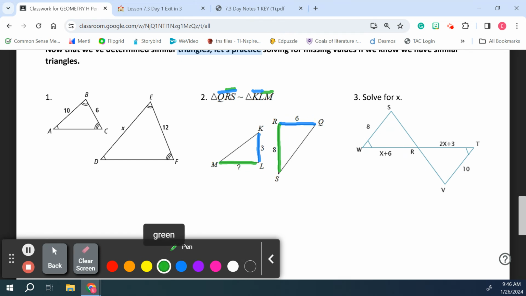So I'm going to set up my proportion. I'm just going to label this ML as X. Again, I'm going to do little over the big, so this will be X over 8. I'm going to set that equal to 3 over 6. Someone tell me, what does X end up equaling here? Jackson, you got it?